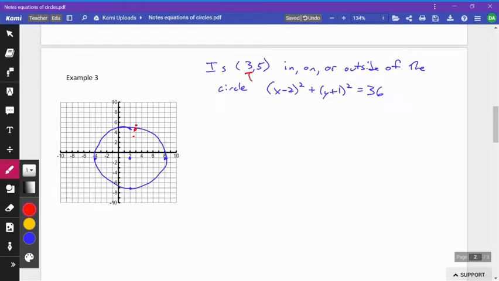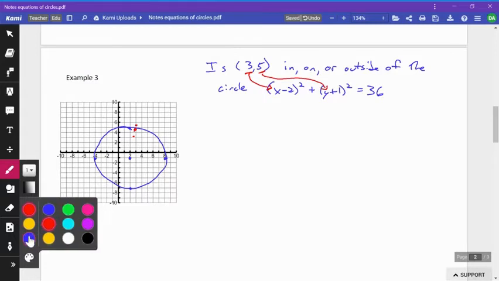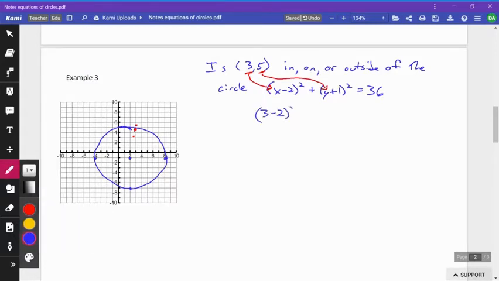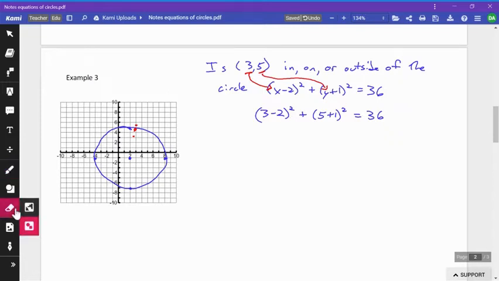So if I take 3, plug it in for x, if I take 5, plug it in for y, I get this equation. I get 3 minus 2 squared plus 5 plus 1 squared is going to equal 36. Right now, I don't know if it equals 36, so I'm going to get rid of this, but it's going to relate to 36.